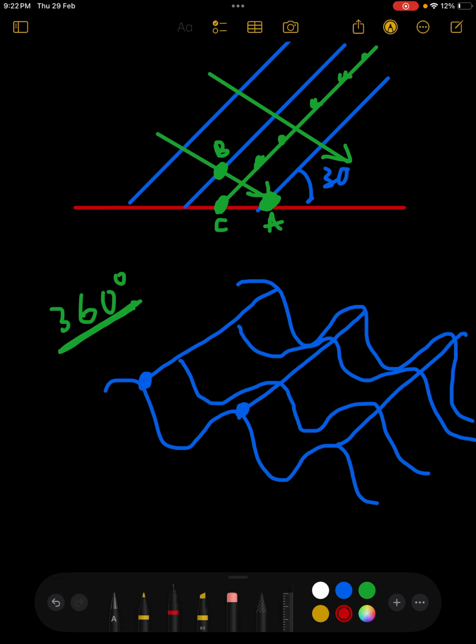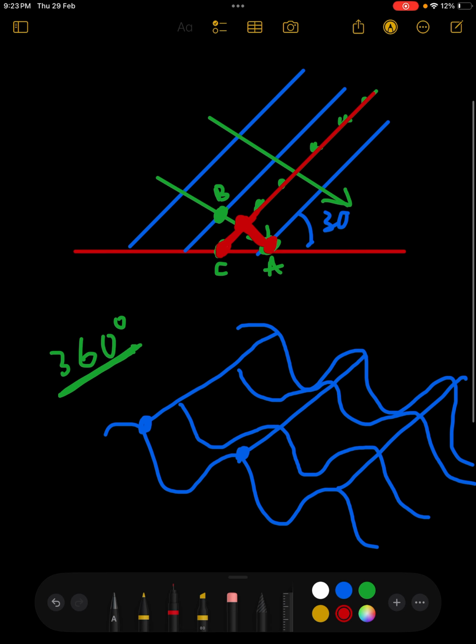So this point represents a particle which is going to arrive at point A at some time, but that particle is in phase with the particle which is arriving at point C. So if we can find the phase difference between this point and this point, then we would have solved half of the story.